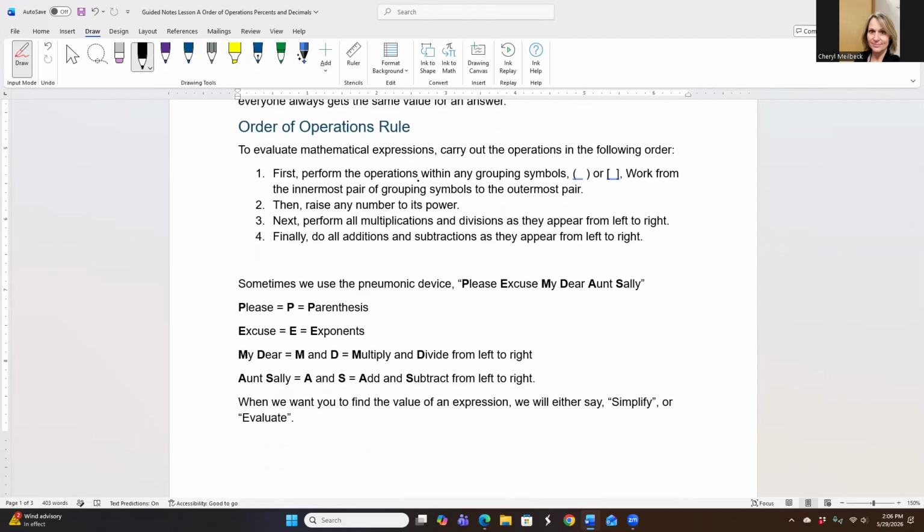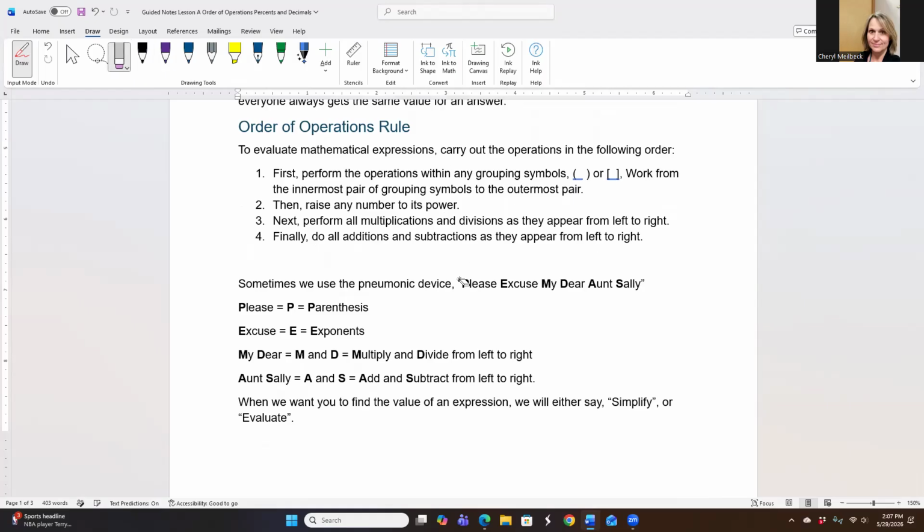First, we perform the operations within any grouping symbols, like parentheses or braces. Work from the innermost pair of grouping symbols to the outermost pair. Then we raise any number to its power. Next, we perform all multiplications and divisions as they appear from left to right. Finally, we do all additions and subtractions as they appear from left to right.